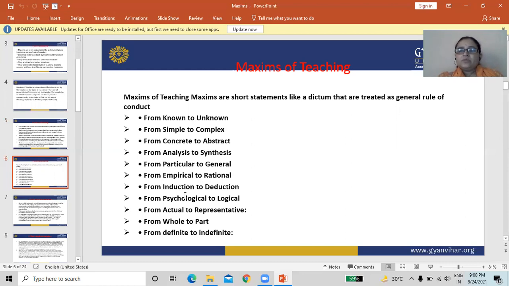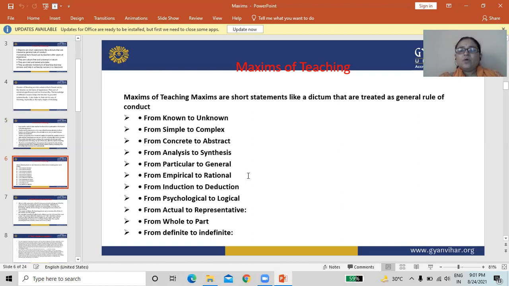Today we will cover from known to unknown, simple to complex, from concrete to abstract, from analysis to synthesis, from particular to general, from empirical to rational, from induction to deduction, from psychological to logical, from actual to representative, from whole to part, from definite to indefinite.